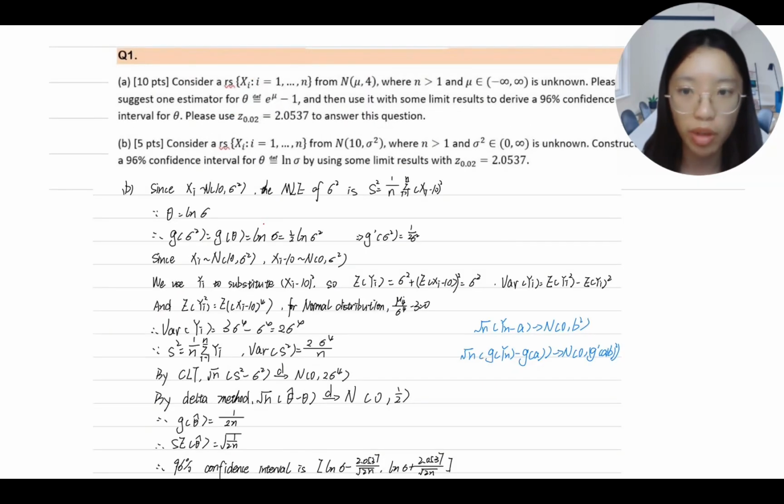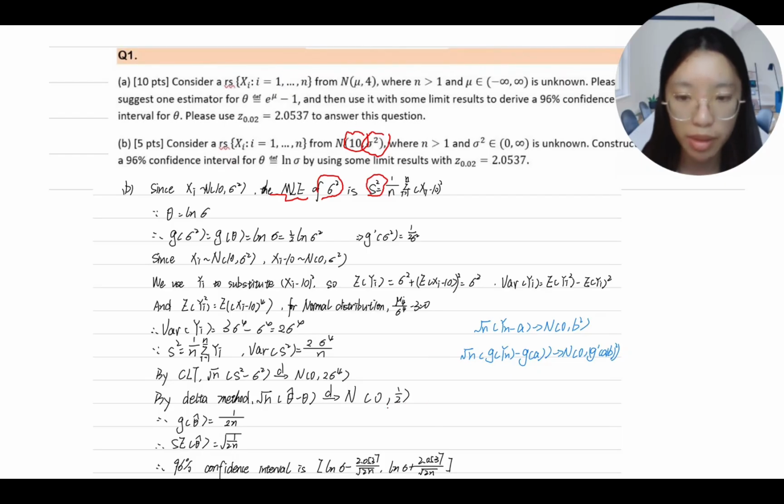Okay, question B is similar, but the difference is that in this part mu is known, but sigma squared is unknown. So similarly, we can just use the MLE, and then we estimate sigma squared as S squared.